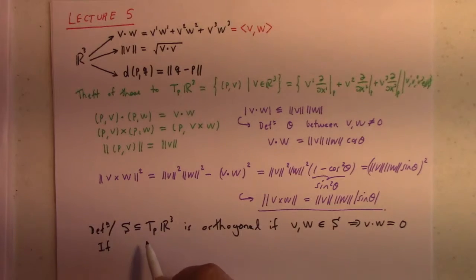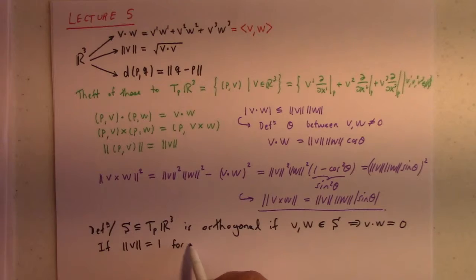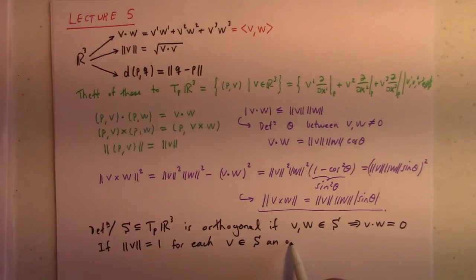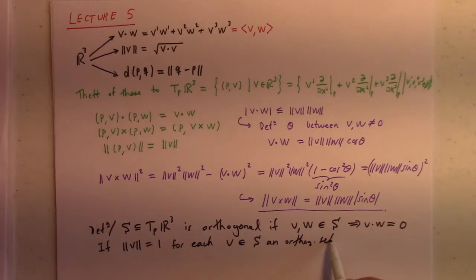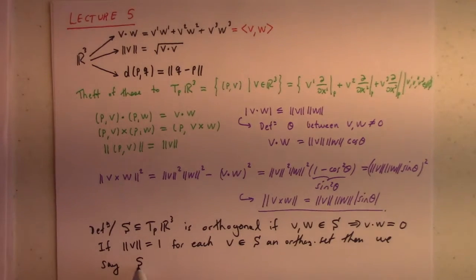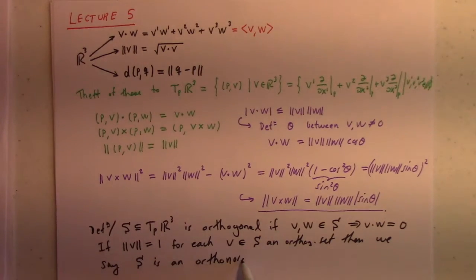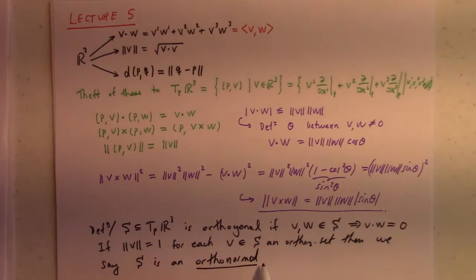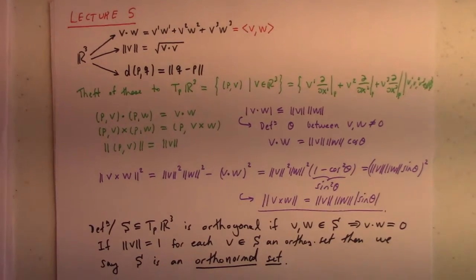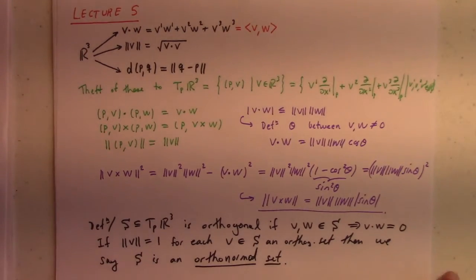If the length of V is equal to 1 for each V in an orthogonal set S, then we say S is an orthonormal set. Okay, so orthonormal sets are really, really important to our study in this course.